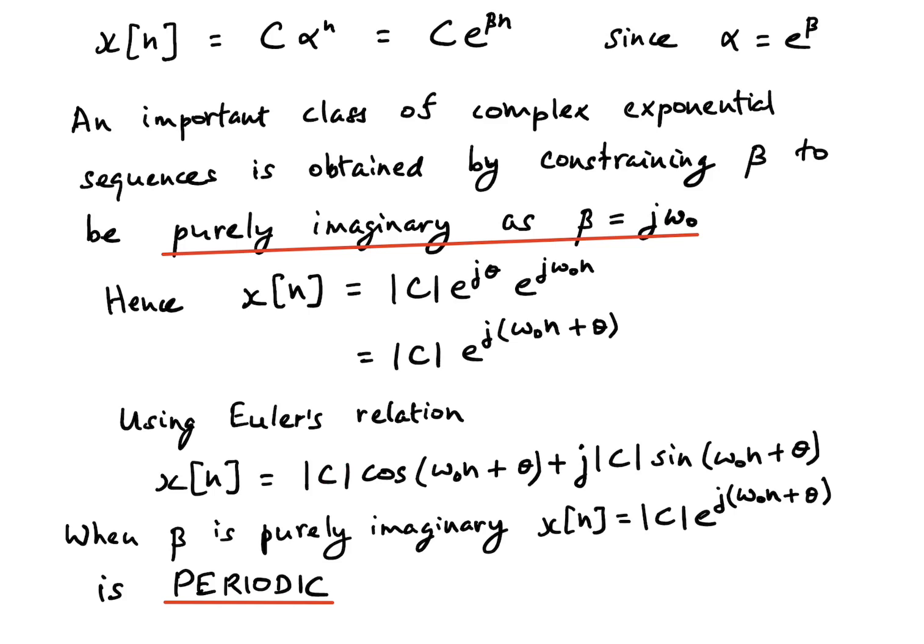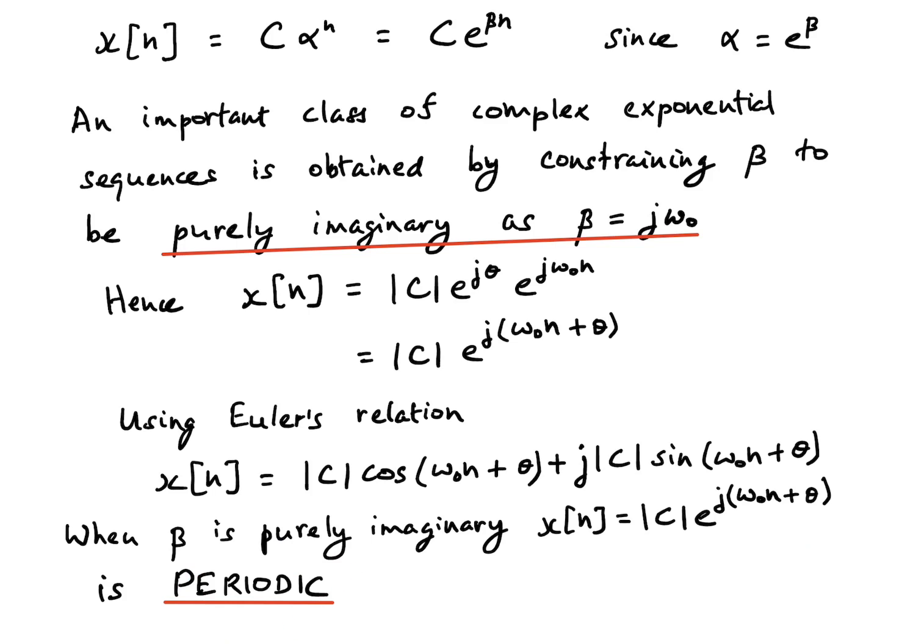So when we set this beta to be purely imaginary, we get the complex exponential sequence x of n in this form, where we have this cosine sequence as the real part and the sine sequence as the imaginary part, which is getting multiplied by a constant. So that means it is not exponentially growing or exponentially decaying, but it has a constant envelope. And secondly, the important property of this particular sequence is that it is periodic.